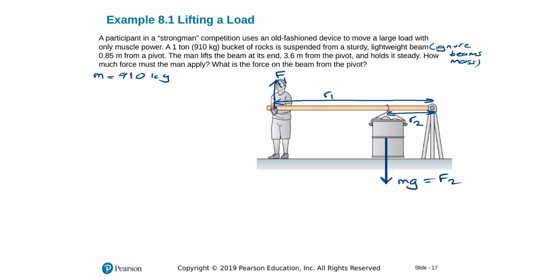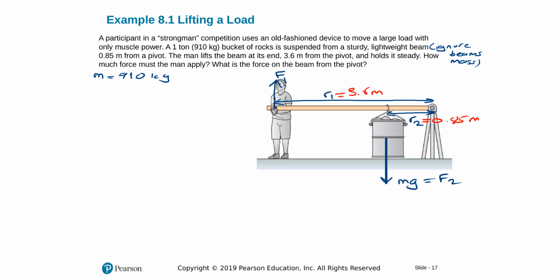The man lifts a lightweight beam 0.85 meters from the pivot, so R2 here. Let me write its value just beside it. R2 is 0.85 meters. The man lifts the beam at its end 3.6 meters from the pivot, so I read from here R1 is 3.6 meters, because it says the man lifts the beam at 3.6 meters away.